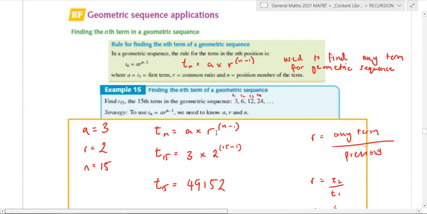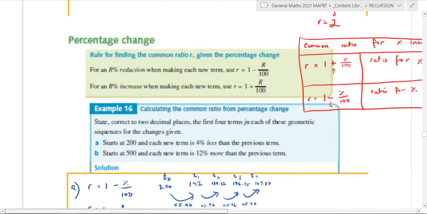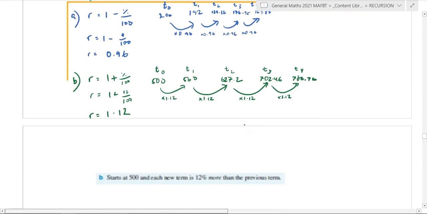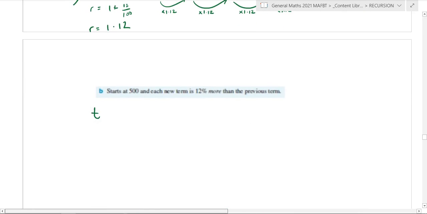So this is the nth term rule that we will use, and the format will look like this: Tn equals A times R to the power of n minus 1. Remember that the rule looks like this: Tn equals A times R to the power of n minus 1.